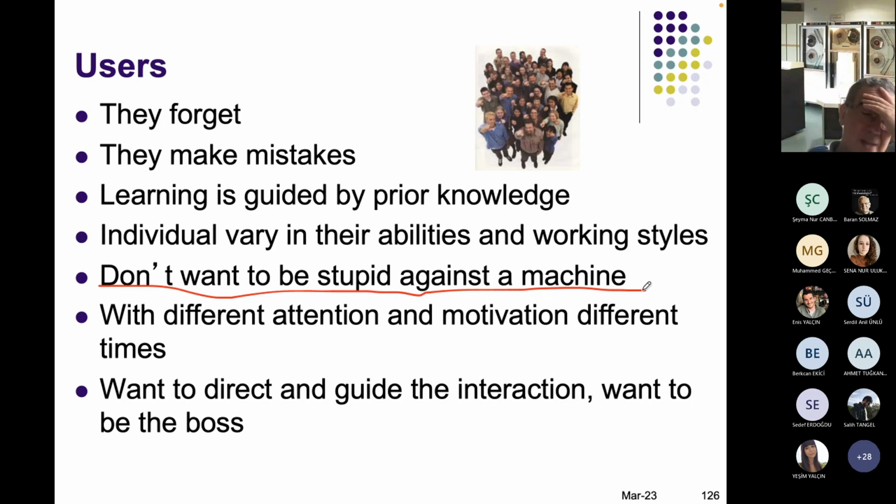So each user has different motivation and attention parameters. Some of them are doing the task because they have to. Some of them are engaged. So engagement levels are different. And at the end, similar to the stupidity issue, they want to direct and guide the interaction.